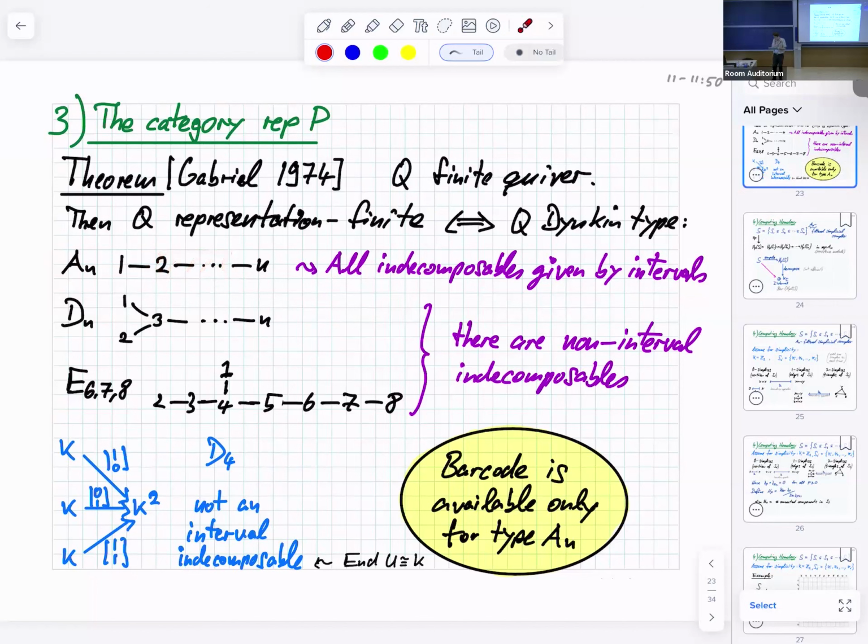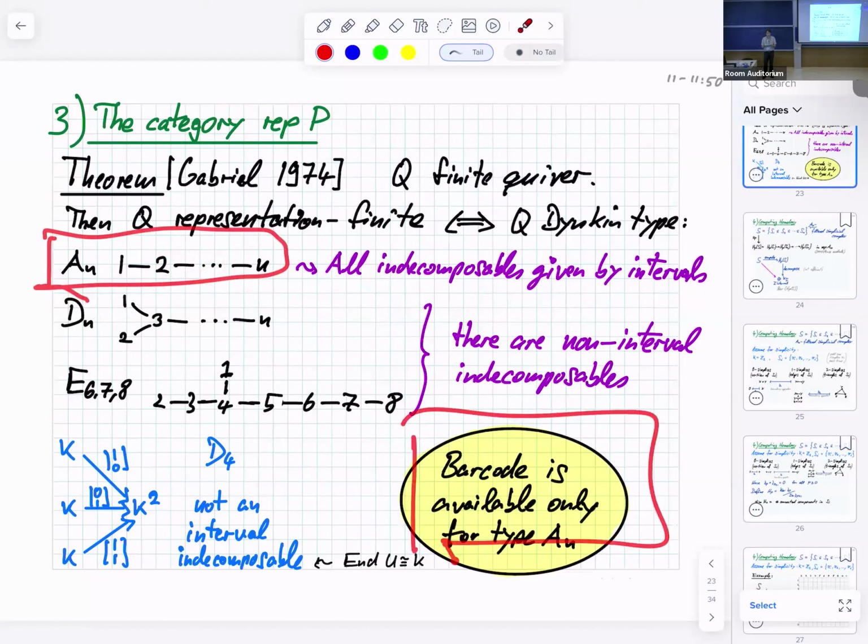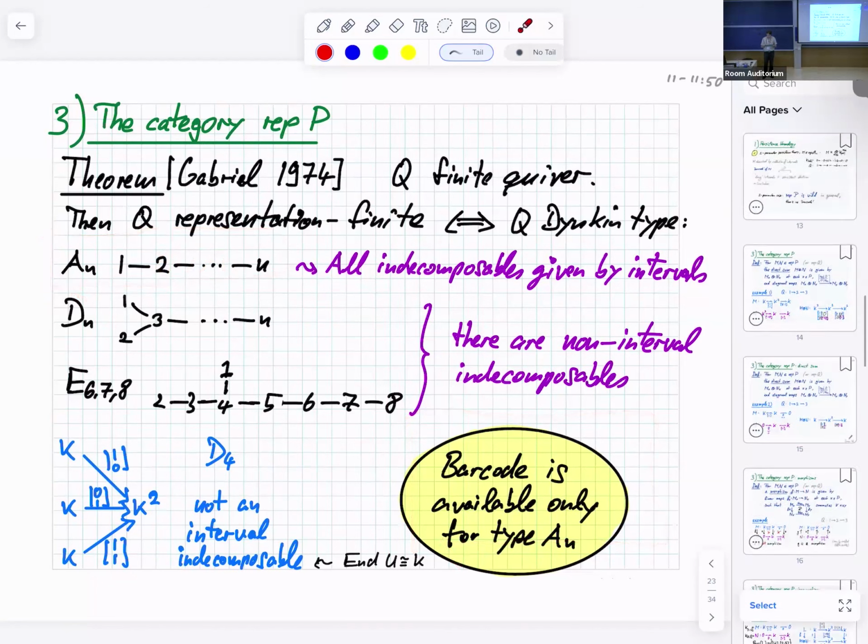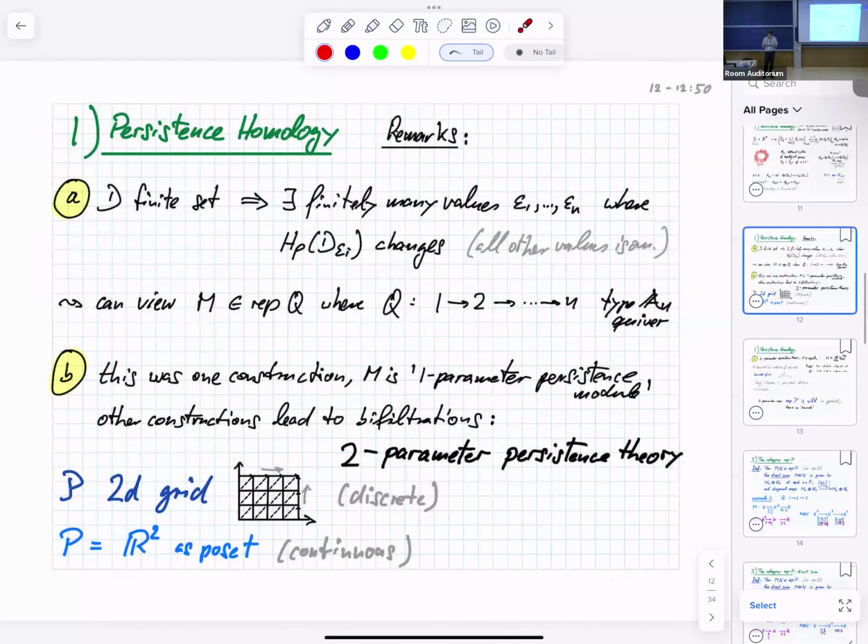So really the AN quivers are precisely those where we have a nice barcode. So this is when we have this one parameter persistence module, we have the nice barcode description.